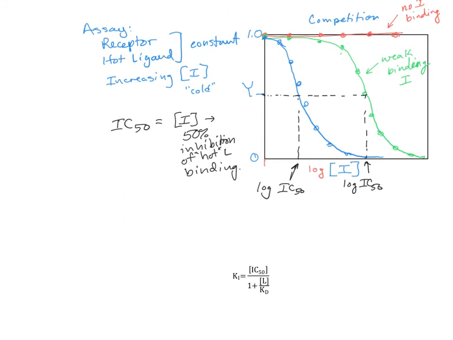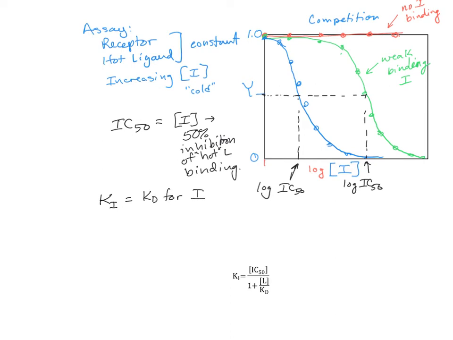We know the IC50 now from our graph by drawing down from the 50% saturation level. What does the IC50 do for us? Well, we don't want the IC50, like I said. We want the KI, K subscript I. And this is going to be the same as the KD for the inhibitor.